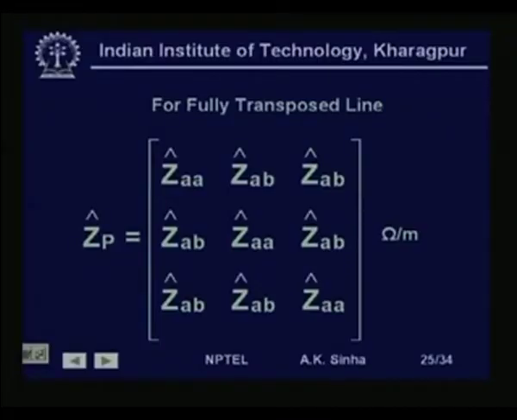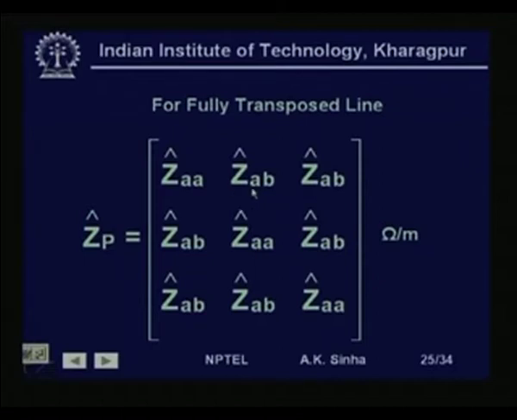So, self impedance Z_AA will be the same as Z_BB, which will be the same as Z_CC, that is all the 3 phases will have the same self impedances, and the mutual impedances will also be equal for all the 3 phases.